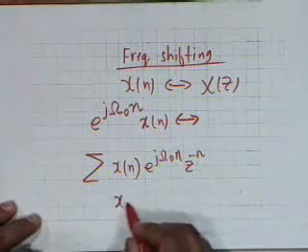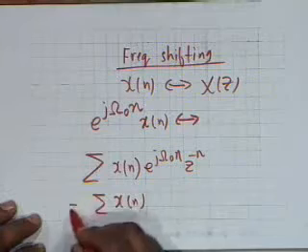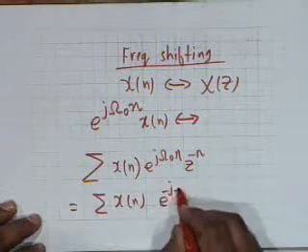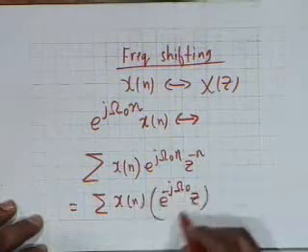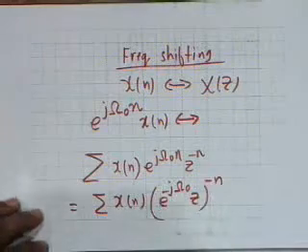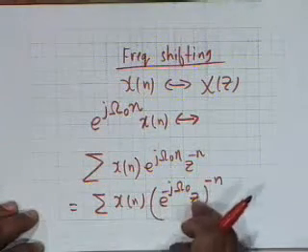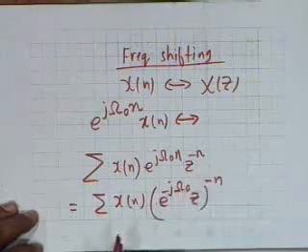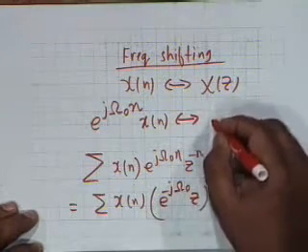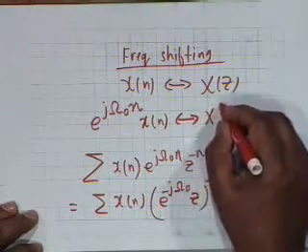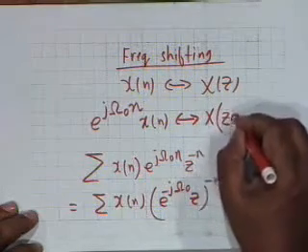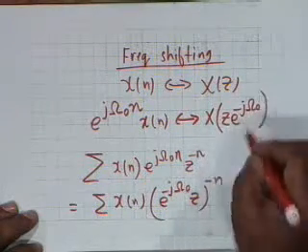This can be written as x of n times e to the minus j omega naught z whole to the power minus n. So instead of z, we have z multiplied by e to the minus j omega naught, which means that this would be equal to capital X of z e to the minus j omega naught.